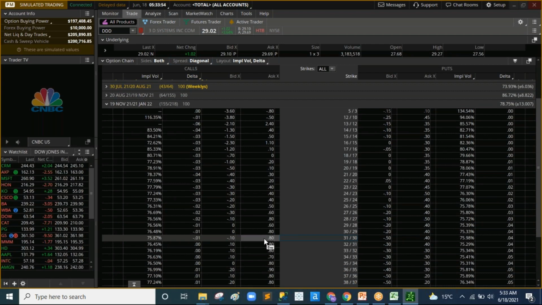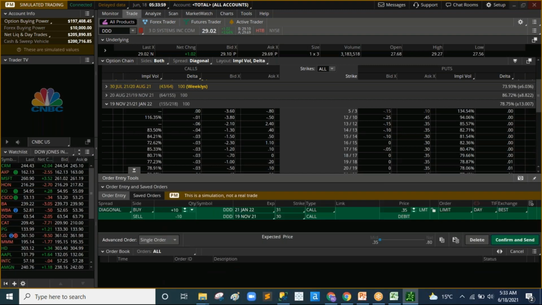So we are on the buy. Okay. So the volumes, let's reduce to 1. So the buy is on November 19th.